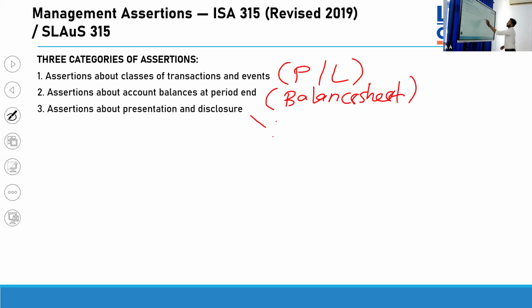This is about the disclosure notes. These are the three categories of representation used by the management.